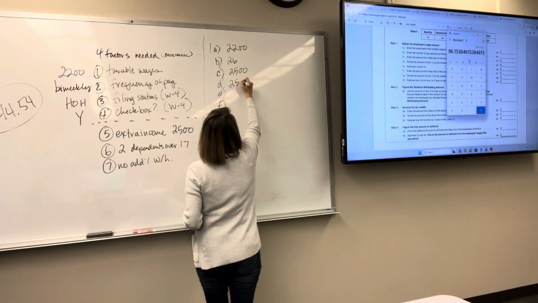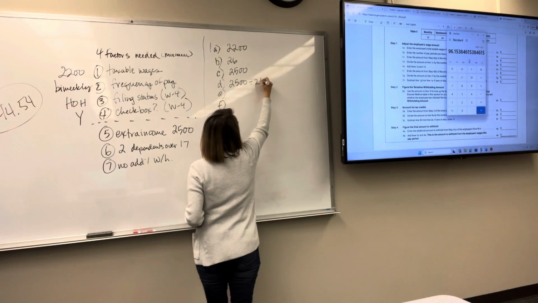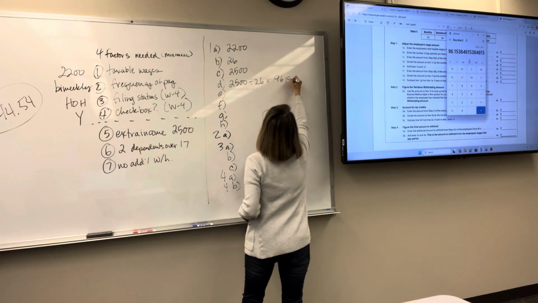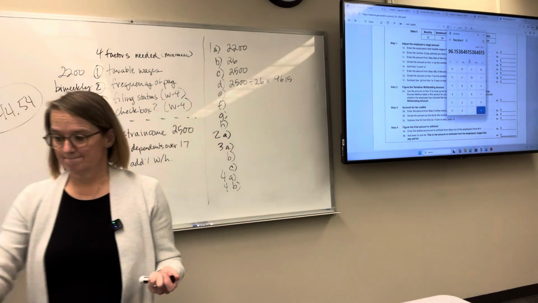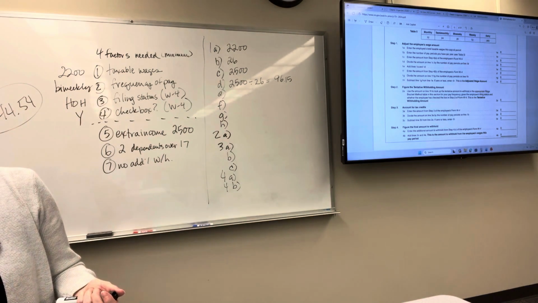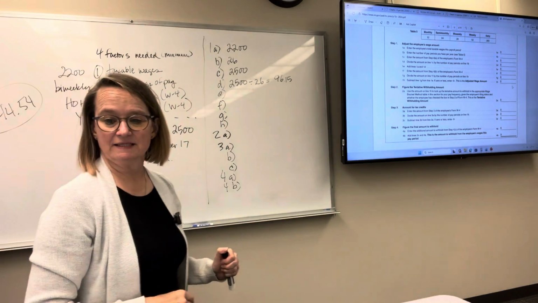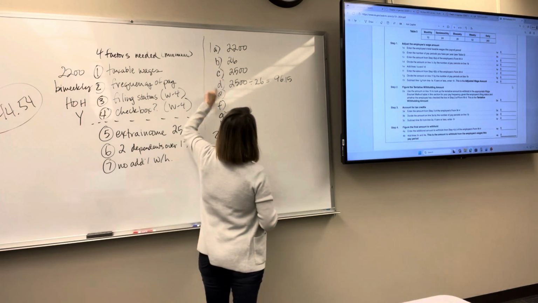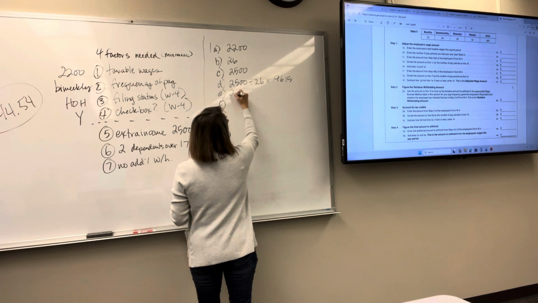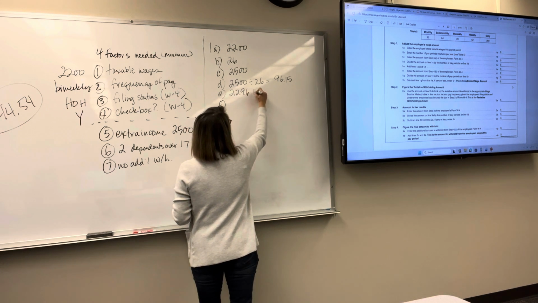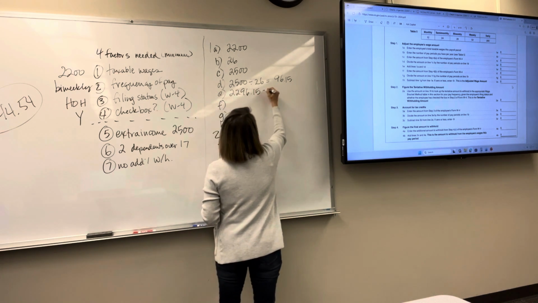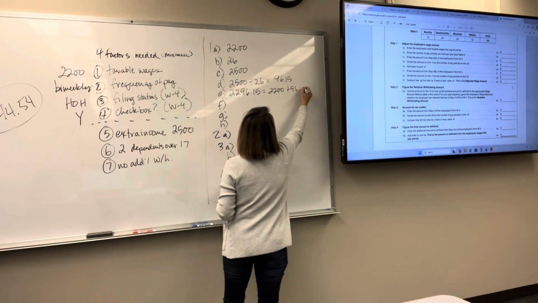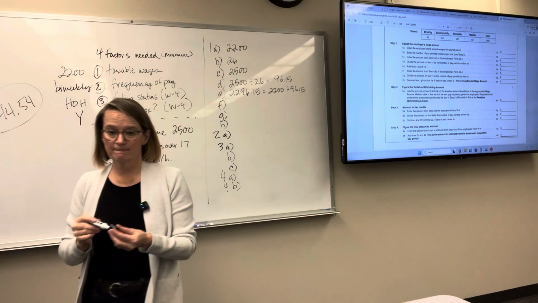So 2,500 divided by 26, $96.15. 1E, we're going to add lines 1A and 1D to get 2296.15. So again, that's 2,200 plus 96.15. That's how we arrived at that.